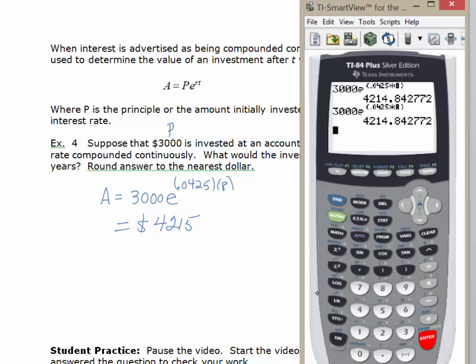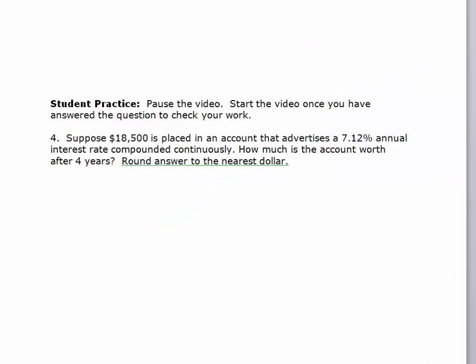So what I'd like you to do is pause the video and try one of these problems on your own. Right here we have $18,500 to be placed in an account that advertises 7.12% annual interest rate, compounded continually. How much is the account worth after 4 years? So this is a compounded interest problem.